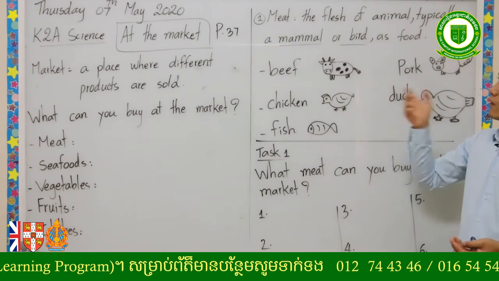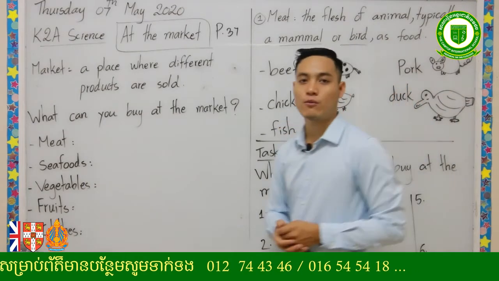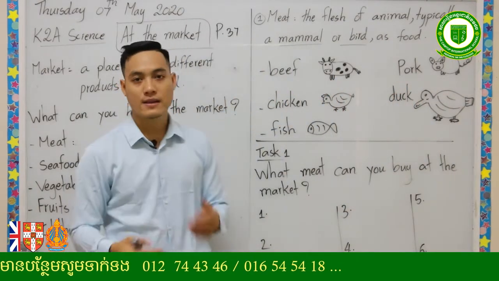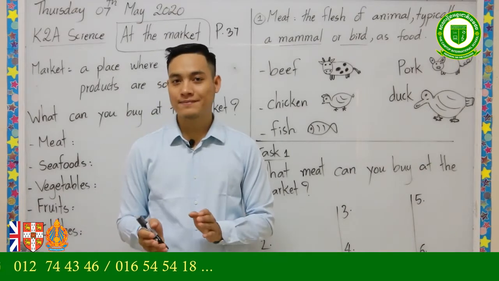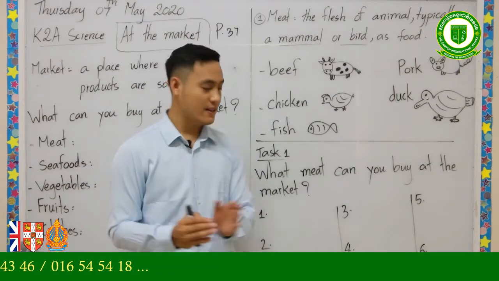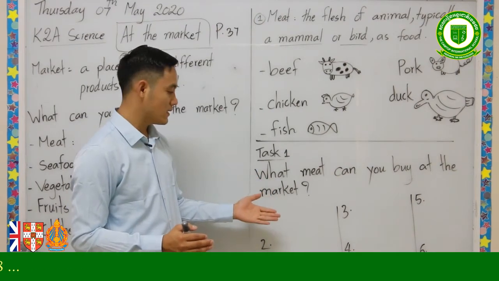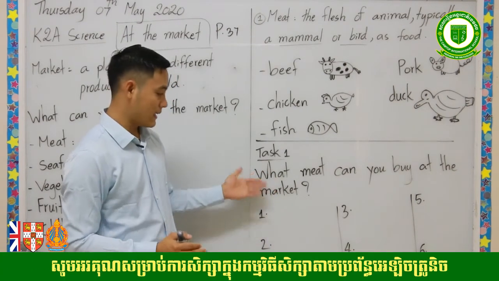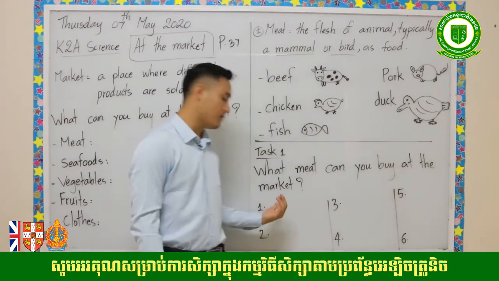That's it for meat, and this is it for part 1 of the lesson. Hopefully you can learn something new from the teacher today. Before going, I have a task for you. Answer the question: what meat can you buy at the market?